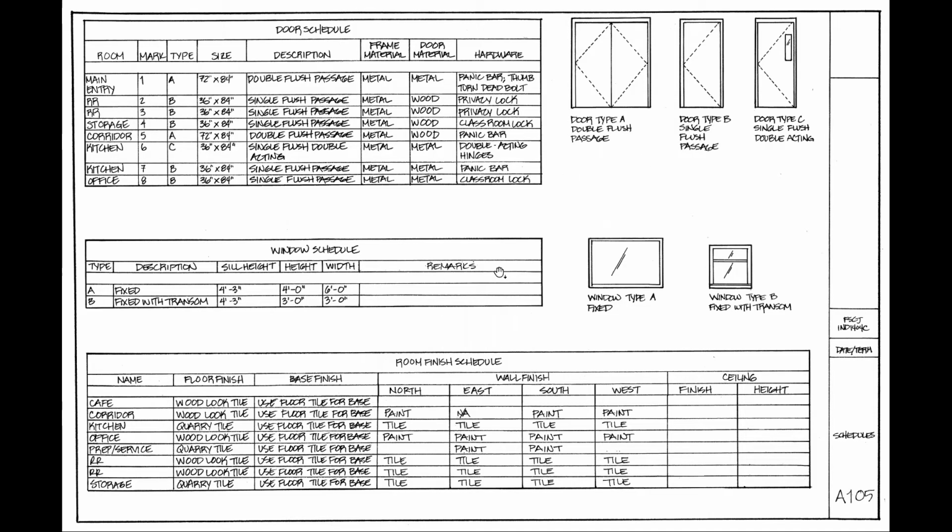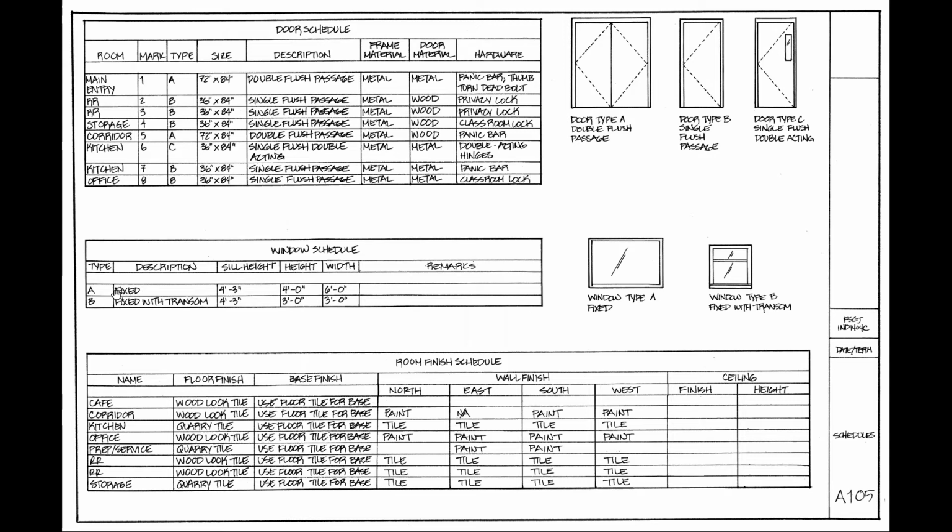So here in the middle of our schedule sheet, you can see the window schedule and some elevations of the window types. This is again much more simple because we just have two types, but you can see the type here is A and B, and that coordinates with the window tags. And you can see here that window type A is fixed, so non-operable window.